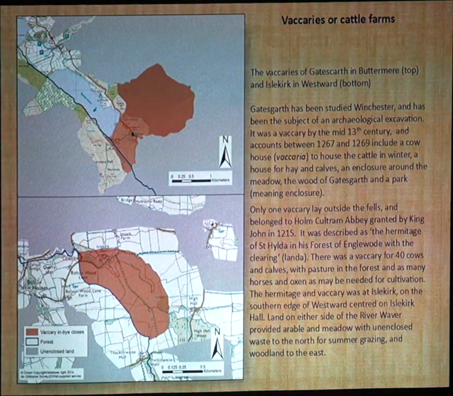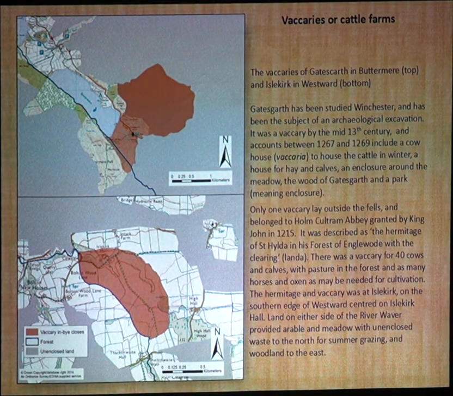Okay, just very quickly going back to these vaccaries, another produce, something else that came out of forests. They could make money by operating commercial cattle farms. These are two; this one at Gatesgarth in Buttermere has been excavated.